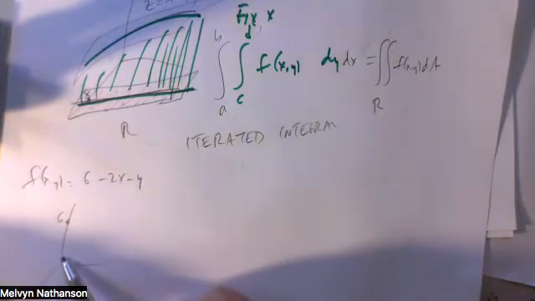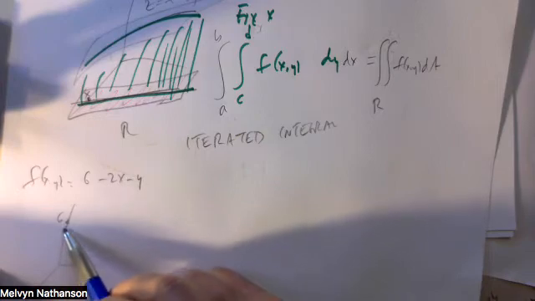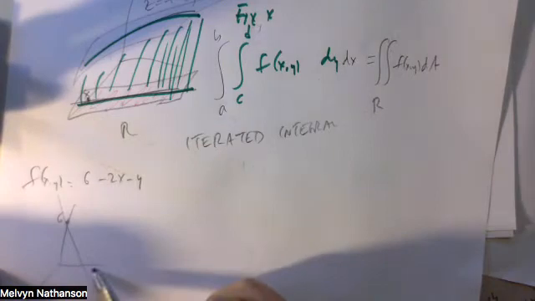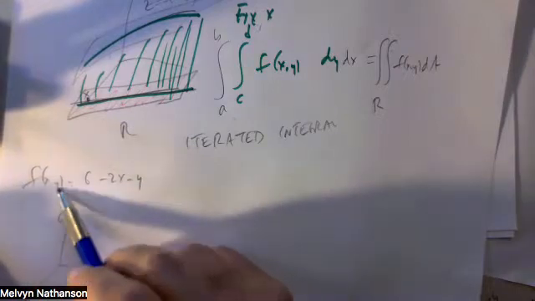When y is 0, this is the line 6 minus 2x. When x is 0, this is the line 6 minus y.